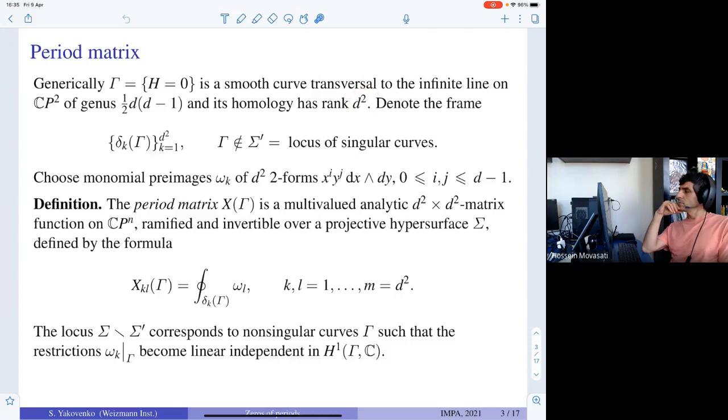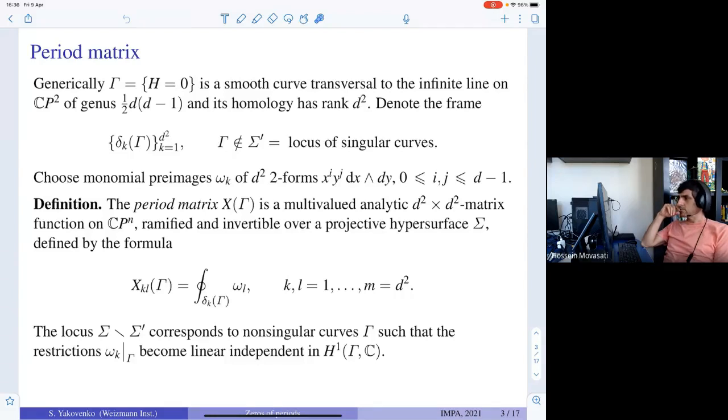And what we can do is introduce a frame in the homology group. That's how we do it. We pick a generic curve. We choose a collection of linearly independent cycles on it, and then we can continue them by continuity.